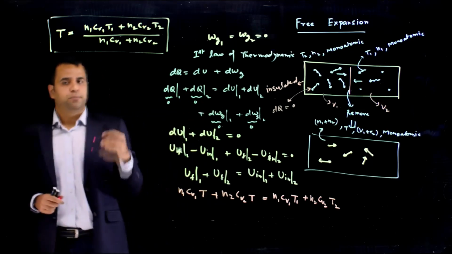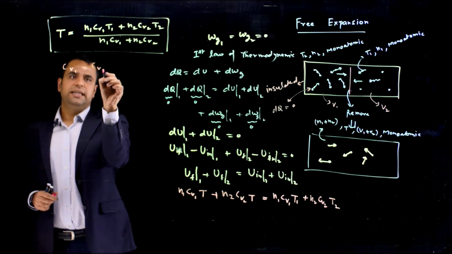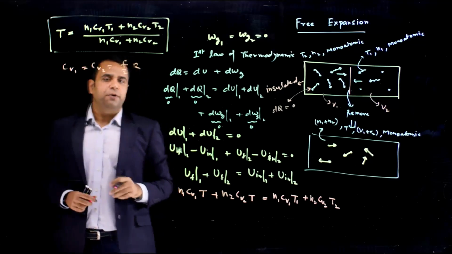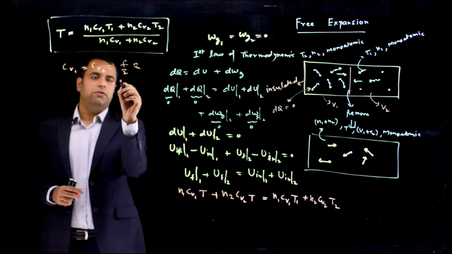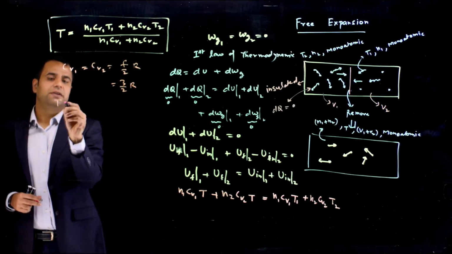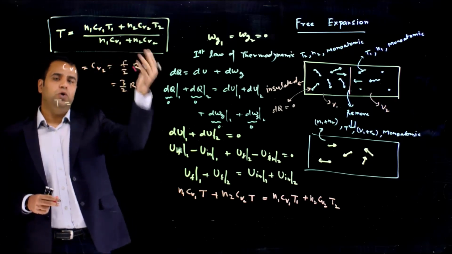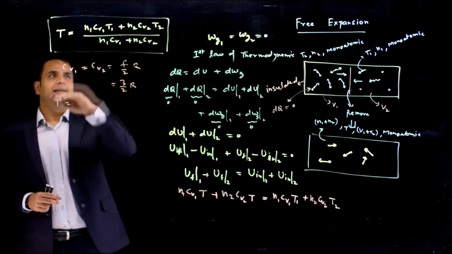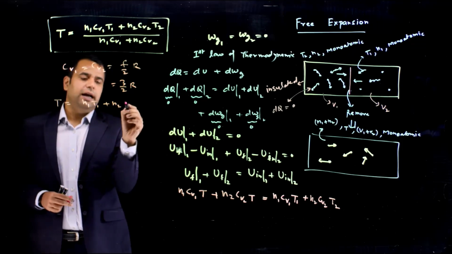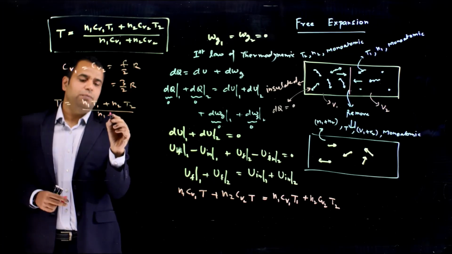Now let's put in the values for CV1 and CV2. Both the gases are monatomic, so CV1 as well as CV2 will be the same, equal to F by 2 times R, and the value of F for both will be 3. So it will be 3 by 2 times R. If we put the value, we have T equals F by 2 R in the numerator for CV1 and CV2, and below also F by 2 R. We can take everything common, CV1 and CV2 cancel out, and we have N1 T1 plus N2 T2 divided by N1 plus N2.